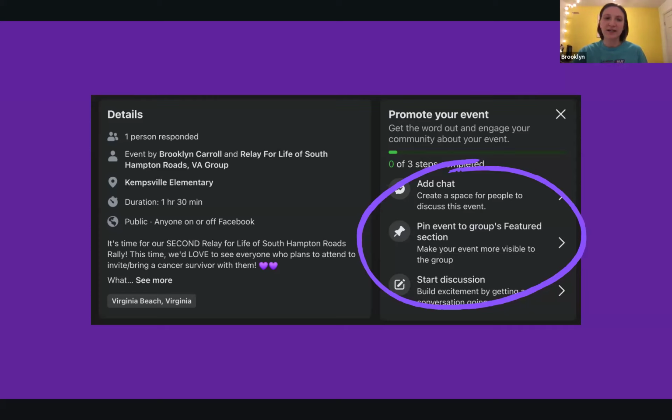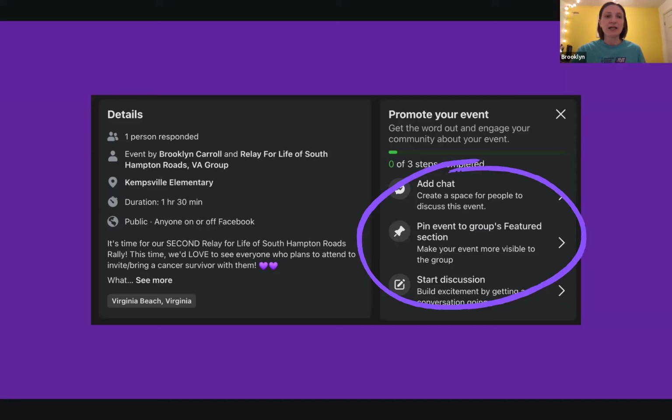And I always click that. When you go back to your group's homepage, the event that you just created is pinned to the top. I don't know if it's on mobile view, but at least anyone who goes to the desktop view of your Facebook group will see the event pinned to the top, and that gets more people to see it as opposed to having to scroll down to find things.